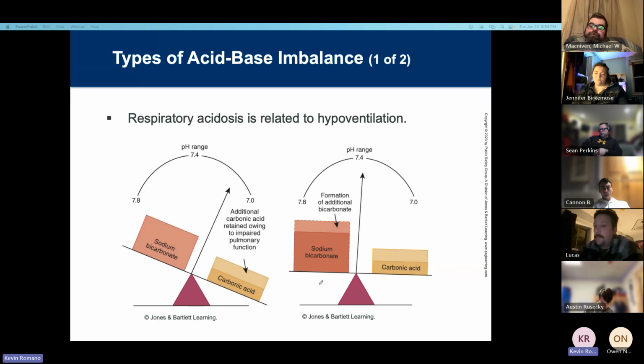Hyperventilate. We want to breathe for them faster. If we see an end tidal of, let's say, 20, what do we want to do? Hypoventilate or hyperventilate? Hypo. Yeah, slow it down.